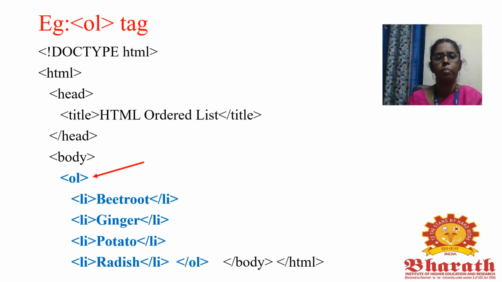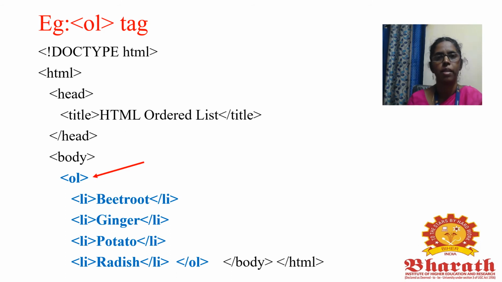So how can we implement this OL tag? The list item, we are using beetroot, ginger, potato, radish, the same list item, but we are displaying in ordered list. So this is one sample HTML program. So as a first step we have to specify the document type tag.